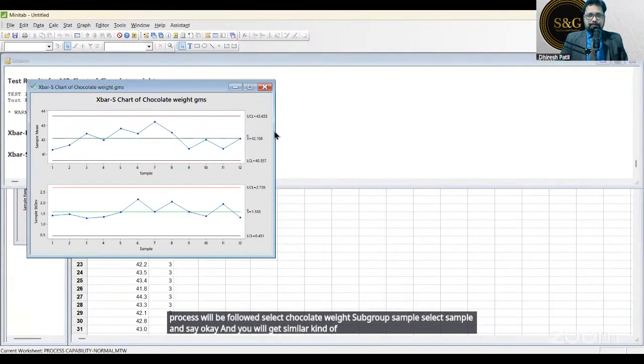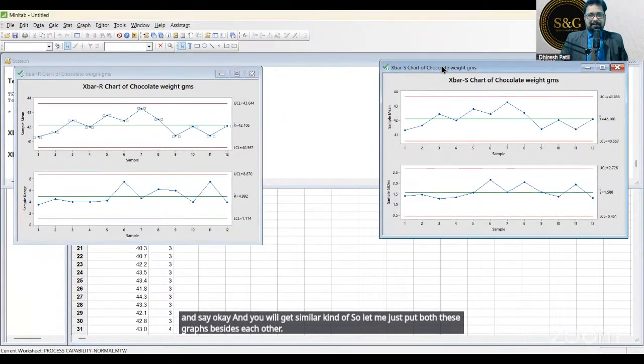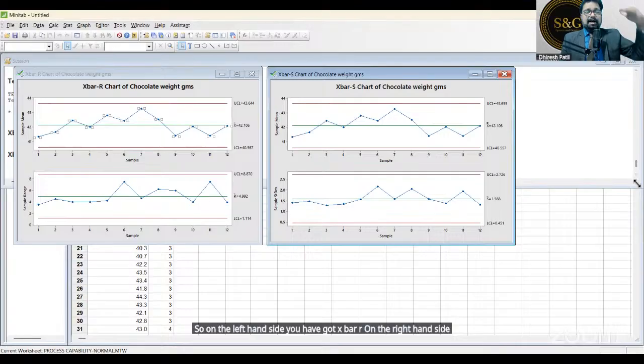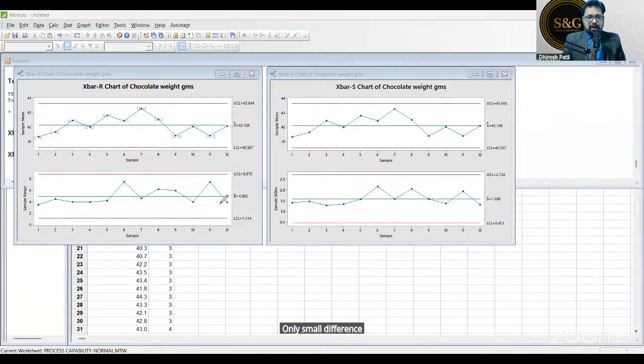So let me put both these graphs beside each other. On the left hand side, you have got X bar R. On the right hand side, you have got X bar S. Nothing much difference between these two. Only a small difference between the range chart and this S chart, which is a standard deviation chart.